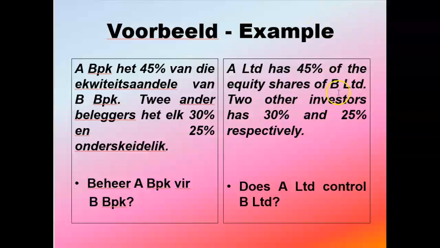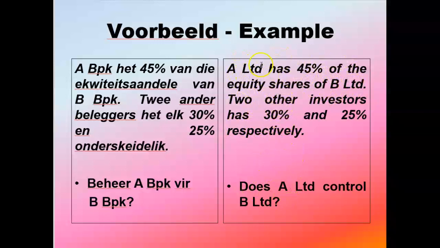But what will happen if these two shareholders are actually standing together? Then they have 55% of the total voting rights of that company, and A only has 45%. So they can outvote A on each and every decision that A wants B Limited to take.